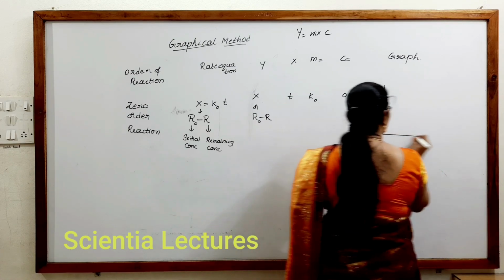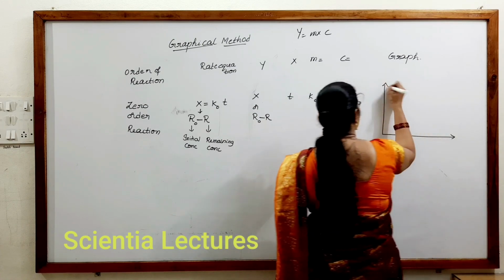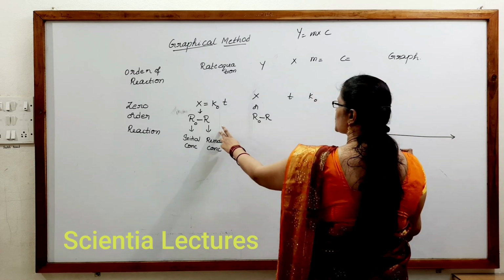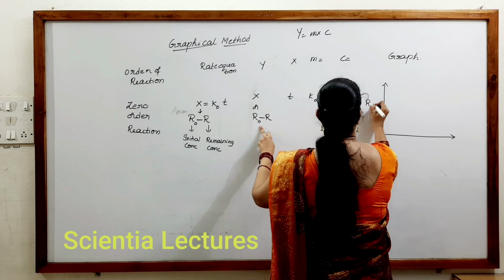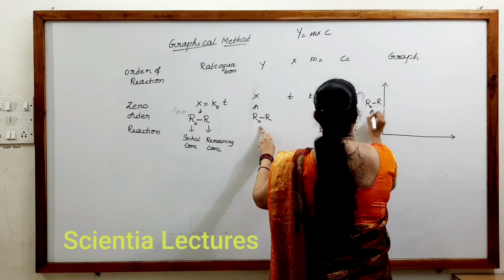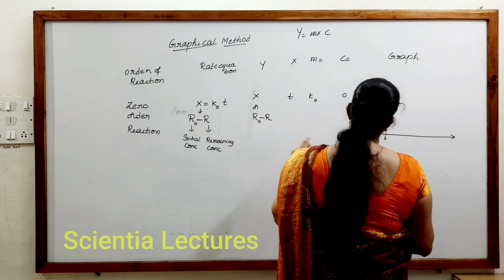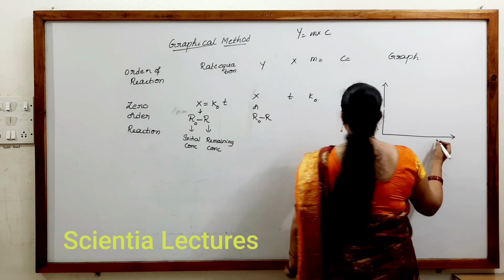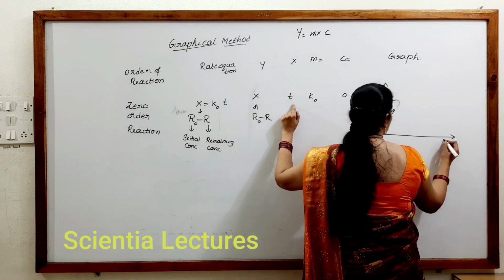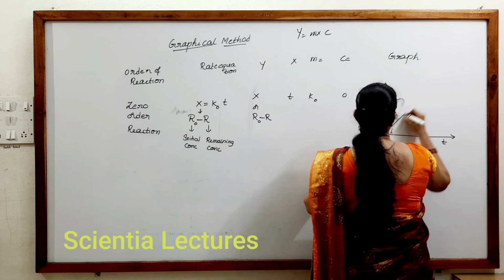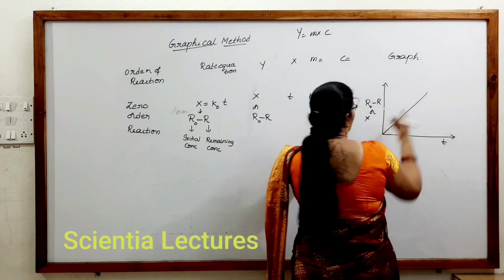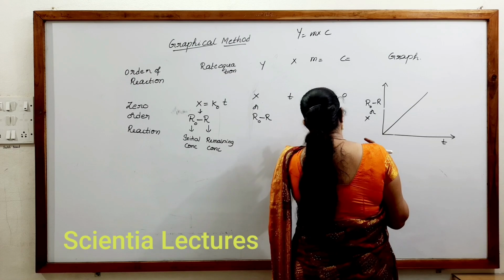So here graphically you can observe that in the y-axis we need to take the reacted amount, that is R naught minus R, or the reacted amount represented as X, and in the x-axis T. What is the slope here? K naught. What is the y-intercept? When there is no y-intercept, the straight line passes through the origin.